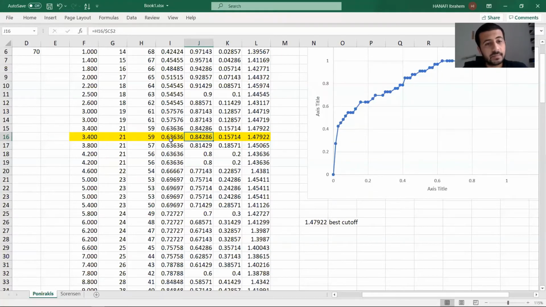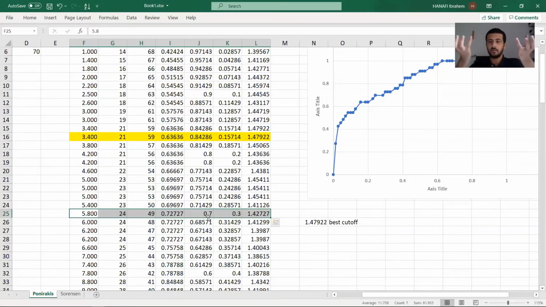If I don't accept this sensitivity, I need to take the highest one, for example, this one. But I should know that for this, I will take the specificity lower to 0.7. Okay? We have the balance. One goes higher, the other one goes lower. Okay? So, what is the most important cell in this line, in this yellow line?